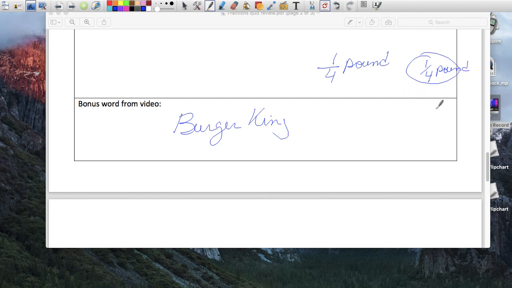Now, Burger King decided to come up with, I don't know what the name was, but they used 1/3 of a pound, thinking Americans would love this because it's more meat. But it failed. The 1/3 pounder hamburger that Burger King tried to introduce, this was a while ago, failed because people thought that 1/4 of a pound was bigger than 1/3. That's why the 1/3 pounder from Burger King never took off.